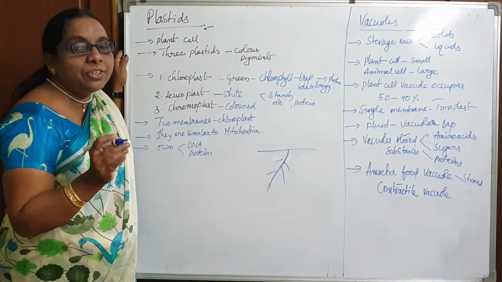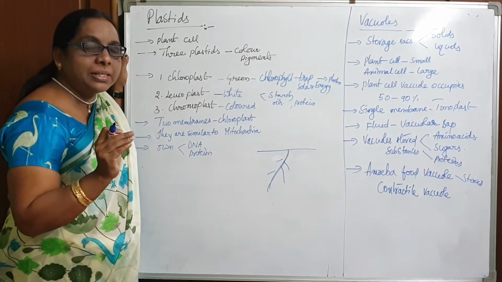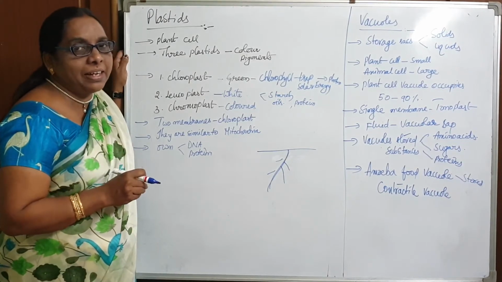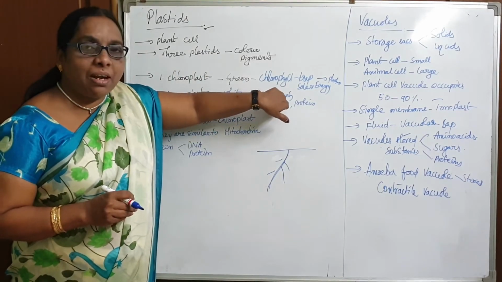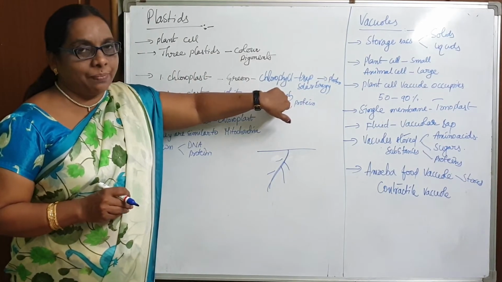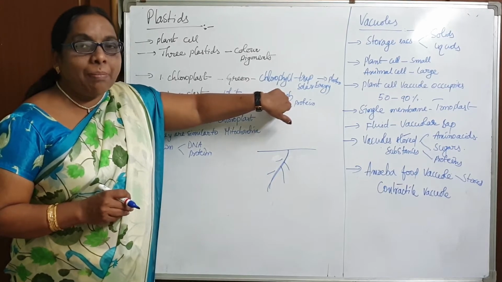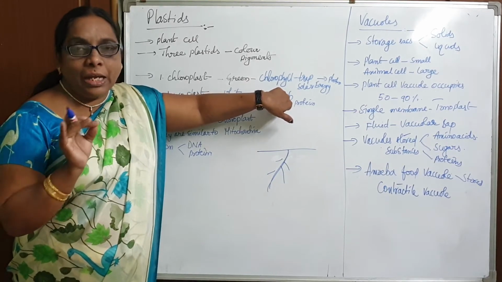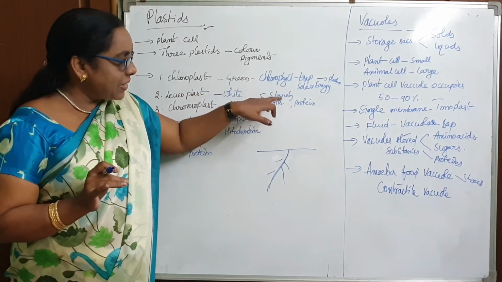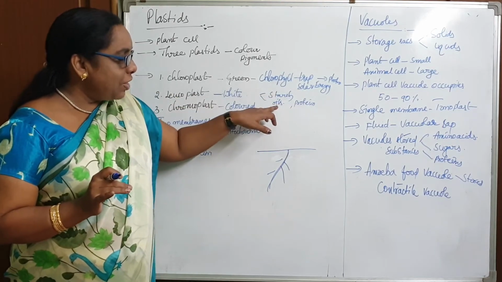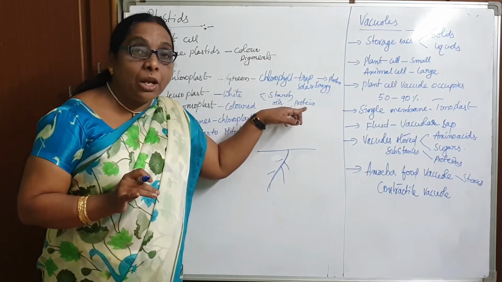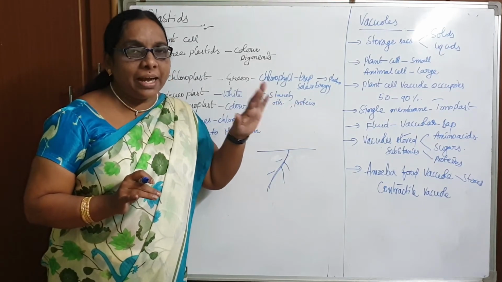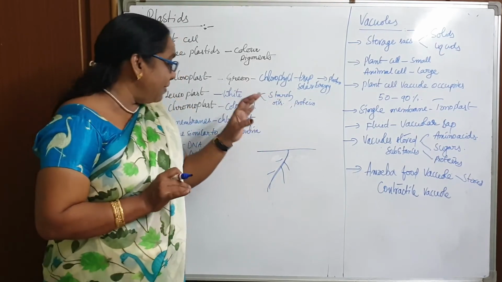Leucoplasts are divided into three types; let me just introduce the terms, and in the next class we will study them clearly. Starch is stored in amyloplasts, oil in eleoplasts, and proteins in aleuroplasts.